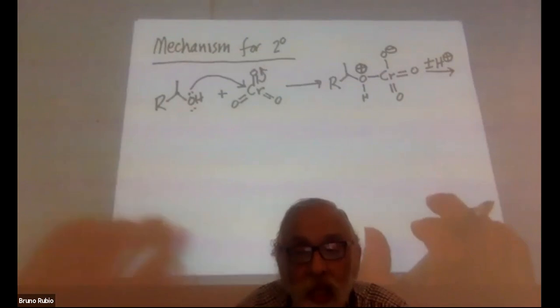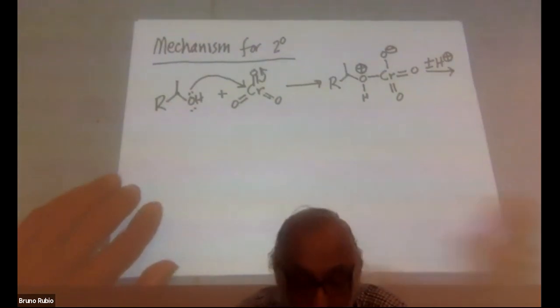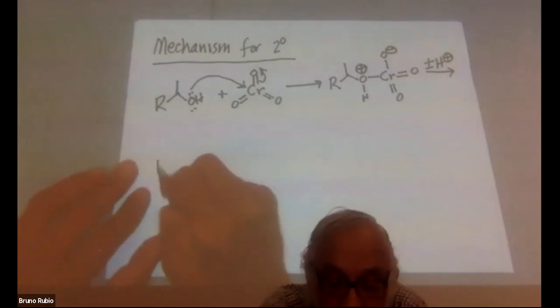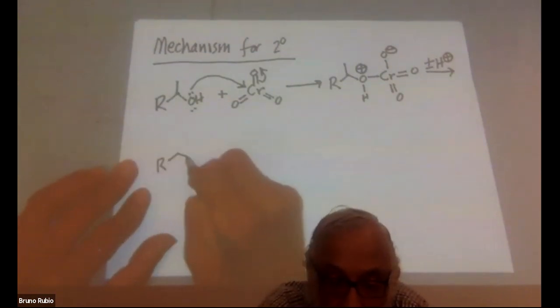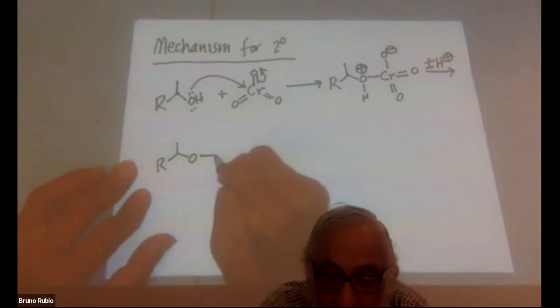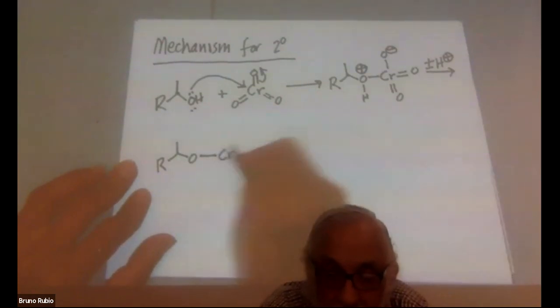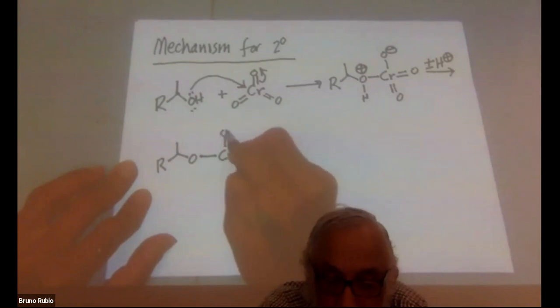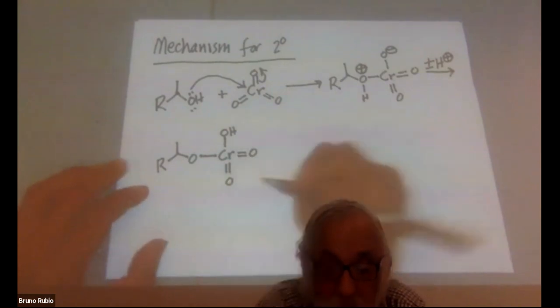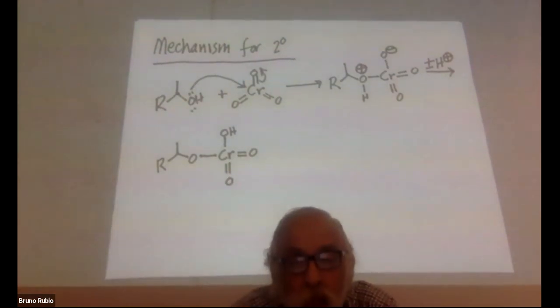We like to write that instead of taking a lot of time to write all the individual steps. So what is going to happen here is the oxygen atom undergoes deprotonation, and the chromate ester oxygen undergoes reprotonation. So we have this critical intermediate here, the chromate ester.